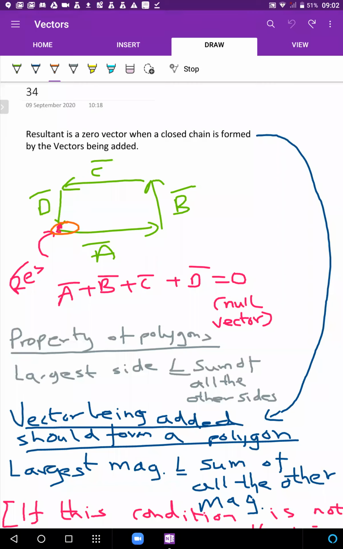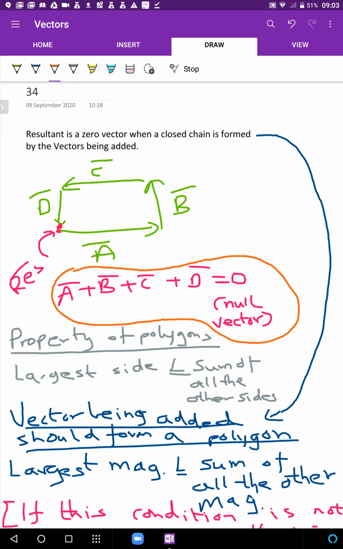There's no available tail, there's no available head, they are coinciding. Then in this case my resultant will be 0. So I will say A plus B plus C plus D is a null vector, right?